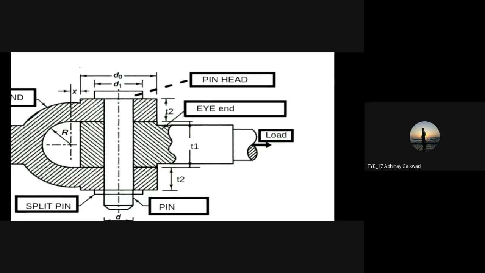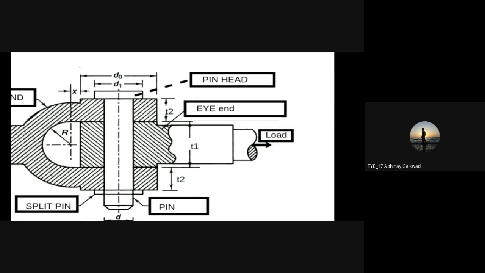Both eyes are of the same thickness, so T2 is used. You can take your own time to get this drawing. Then T1 is the thickness which has been provided to the single eye section. Later on we decide the diameter of the rod through which we are transmitting the tensile force.